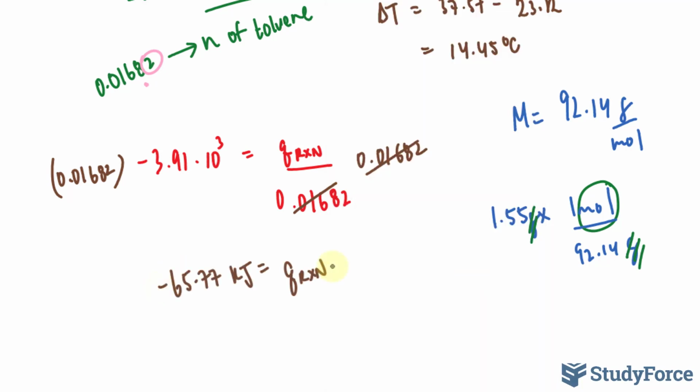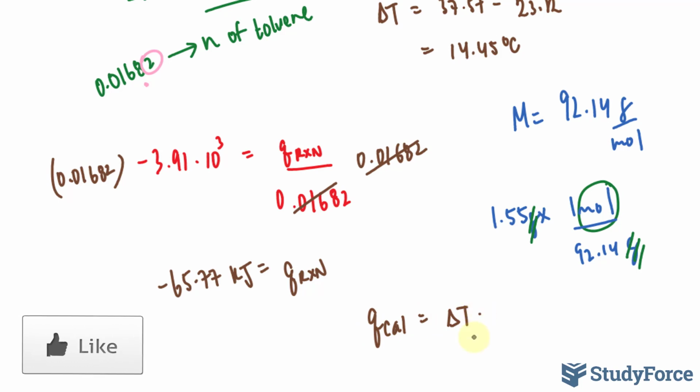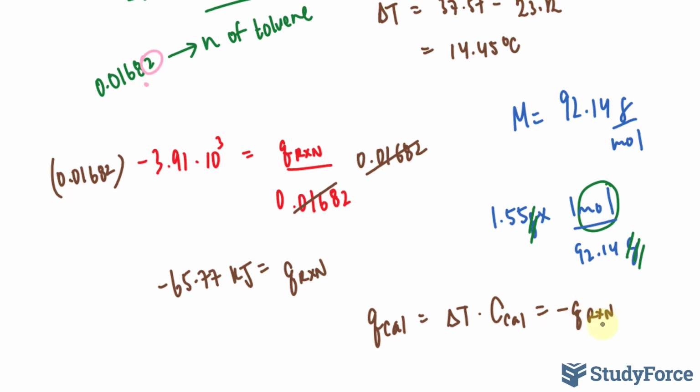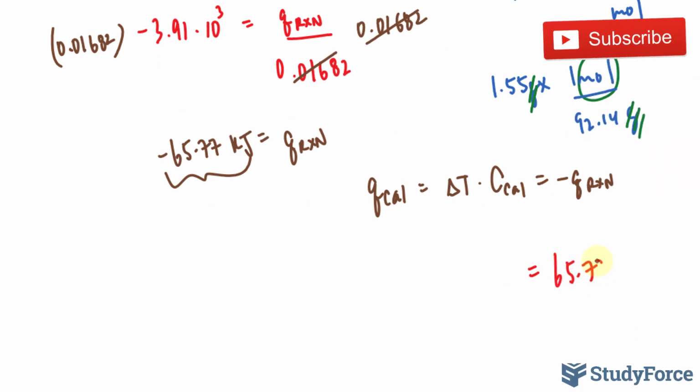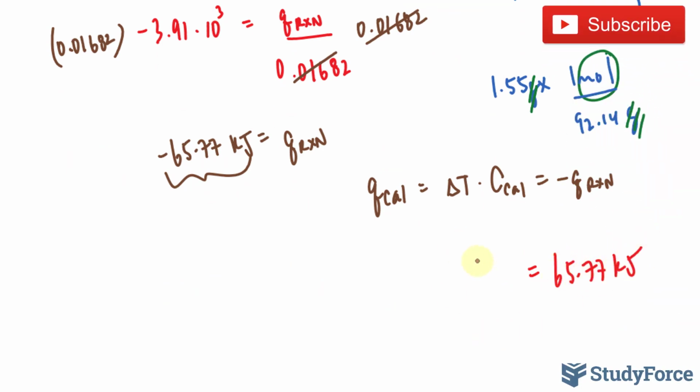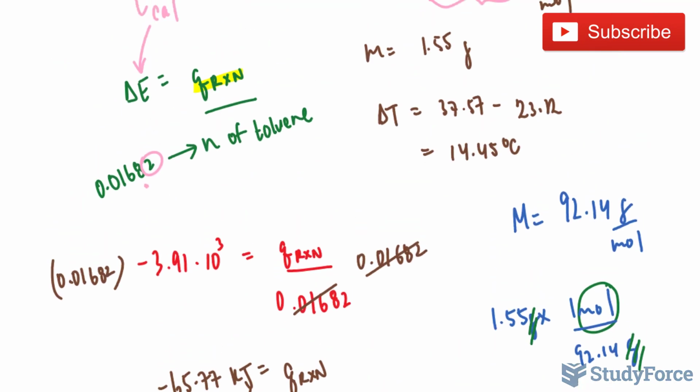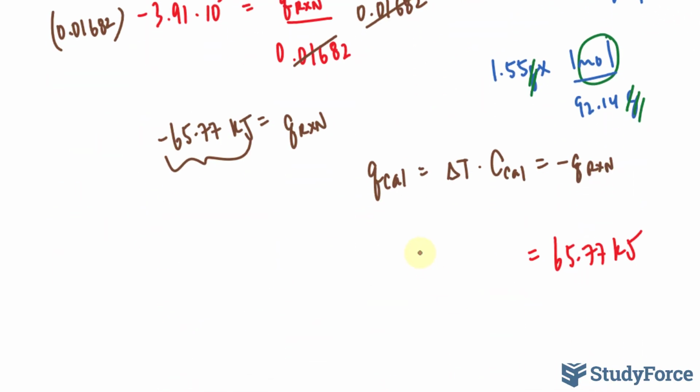Now remember the relationship. We have the heat absorbed by the calorimeter is equal to delta T times the heat capacity of the calorimeter, and that's equal to negative QRXN, the heat released. If I substitute this number now into here, I'll end up with negative times a negative number. So we're left with 65.77 kJ is equal to delta T, which I found at the very beginning, 14.45.